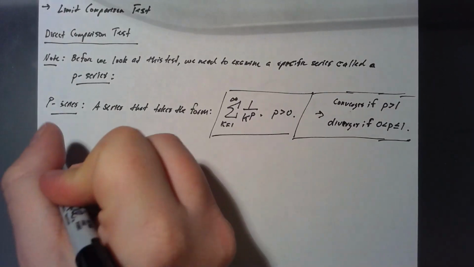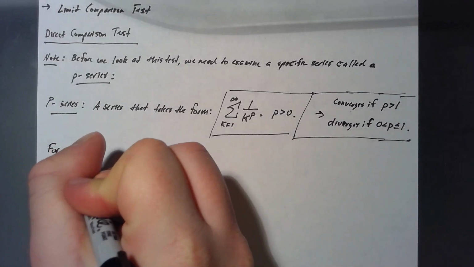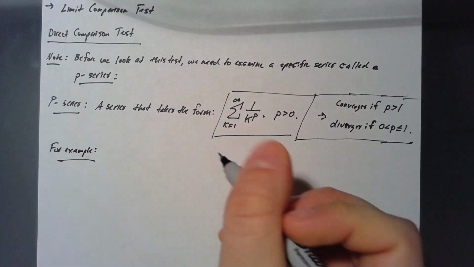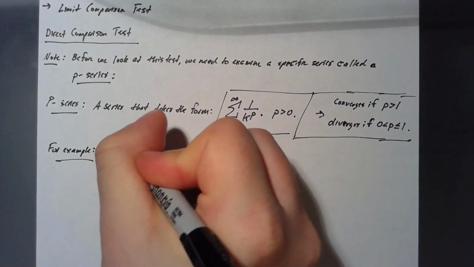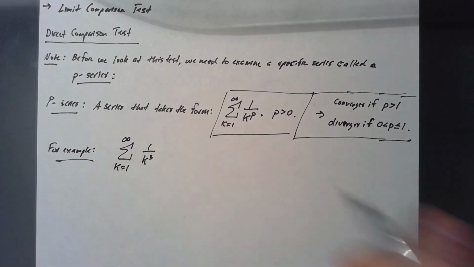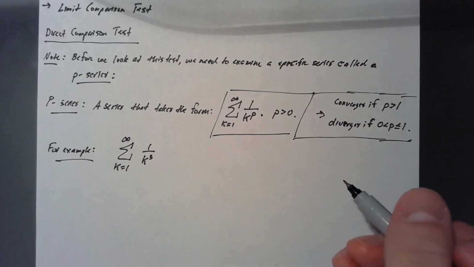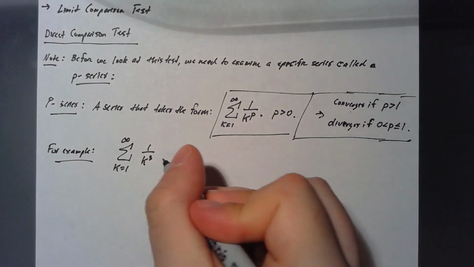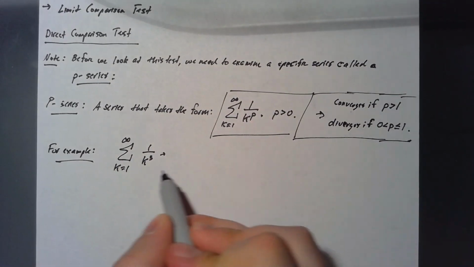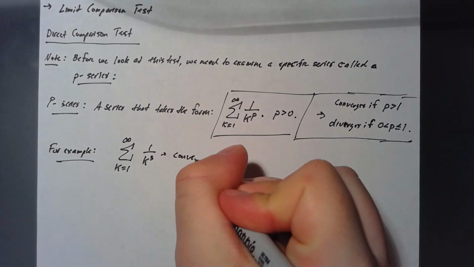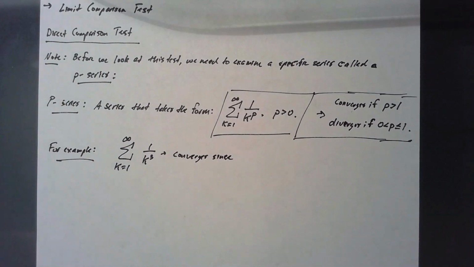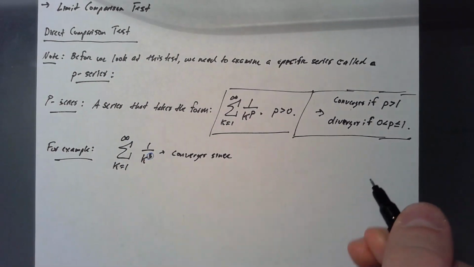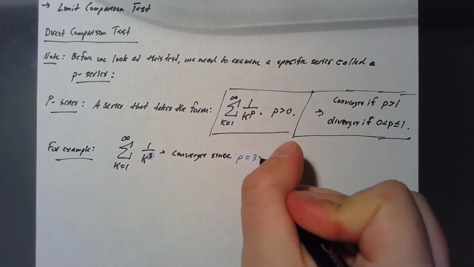So for example, the series 1 over k cubed. Well, does that converge or diverge? Well, that converges, since, what's the value p here? Well, the value p is the power of the k value in the denominator. There it is, right there. Since p equals 3, which is greater than 1.